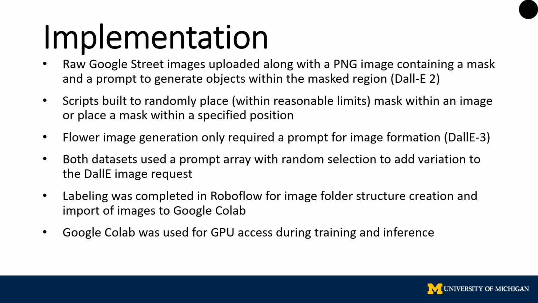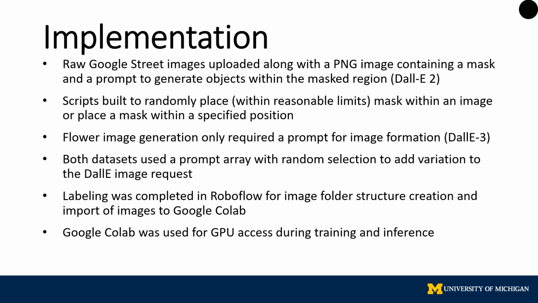In order to create that alpha mask PNG, two scripts were built. One would randomly place a mask within an image. Now there were reasonable limits as far as the maximum and minimum size, because DALL-E would return some pretty poor results if the mask was very small.